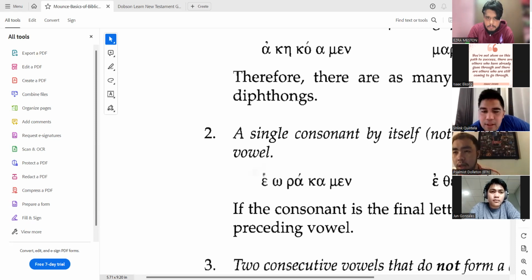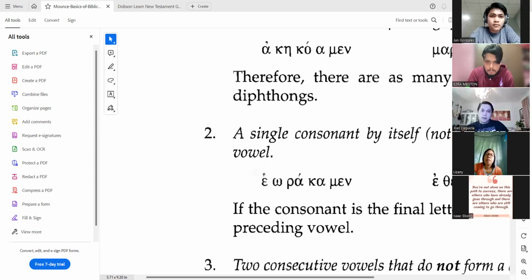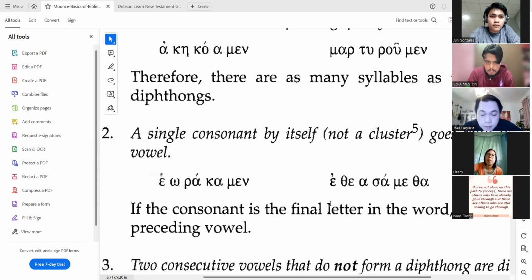Good. And then this is a smooth breathing. So we do not pronounce it as he. It's just simply epsilon, a. And then this is a theta, okay? Th.